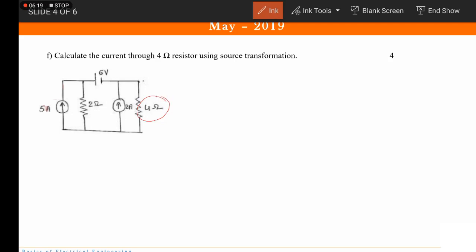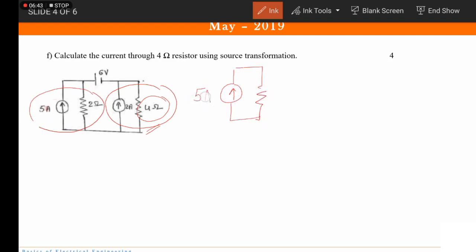So what we will be doing is we will not be touching this network, because if we use source transformation here, then the 4 ohm resistor will be disturbed. Instead, we will convert this into its equivalent voltage source, right?